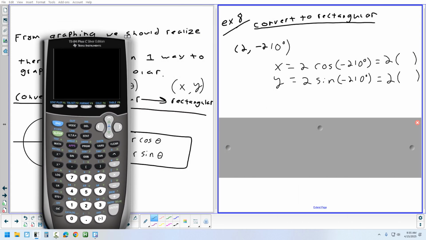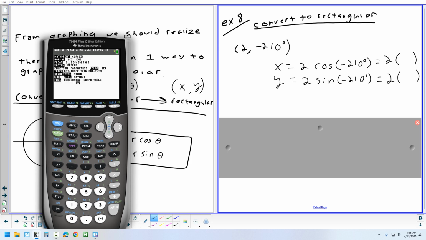So let's start with cosine of negative 210 degrees. Okay, so make sure we change that to degrees. Cosine negative 210. Okay, so that is a special number, 0.866.